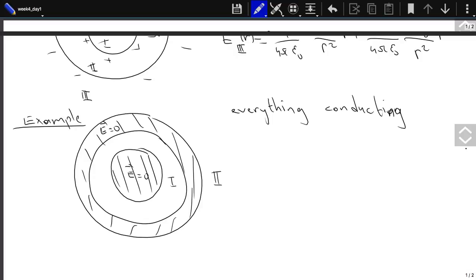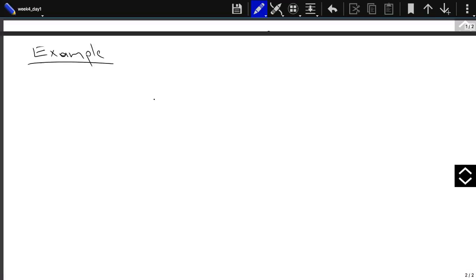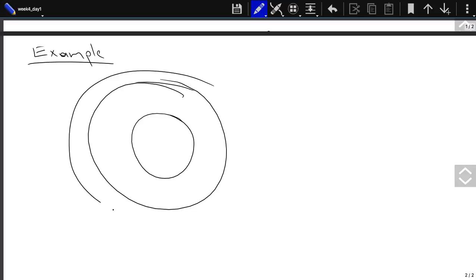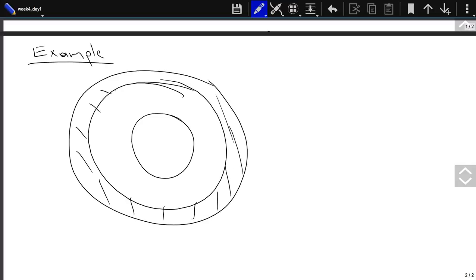Let me just mention the other example. This one. Everything insulator.